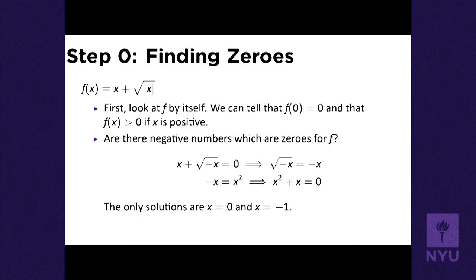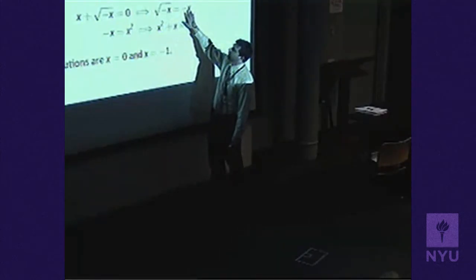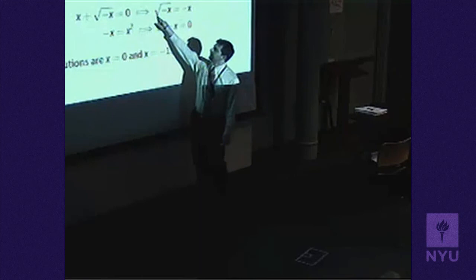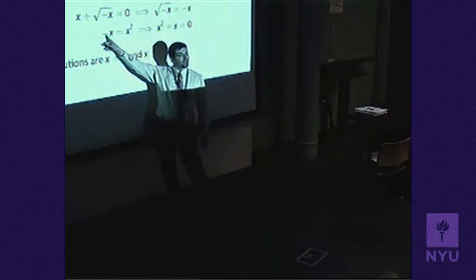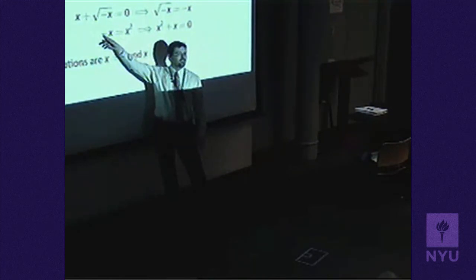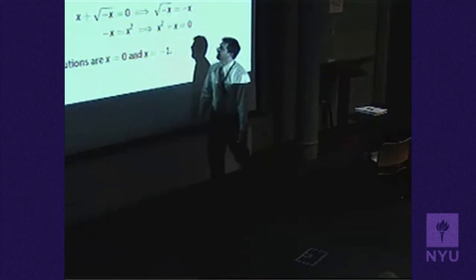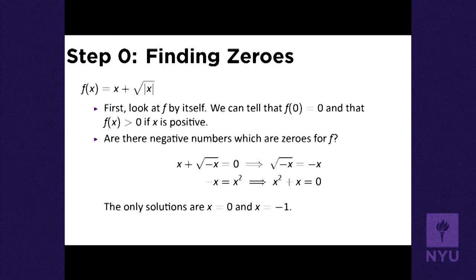And that reduces to, let's see, square root of minus x equals minus x. Square both sides. If I take the square root of minus x and square it, I get minus x. Wait a minute, I thought if you squared anything, you got something non-negative. Exactly. x is negative, so minus x is positive. Then you solve that for x. This is finally a polynomial equation. What you get is x equals 0. Oh, we already got that one.